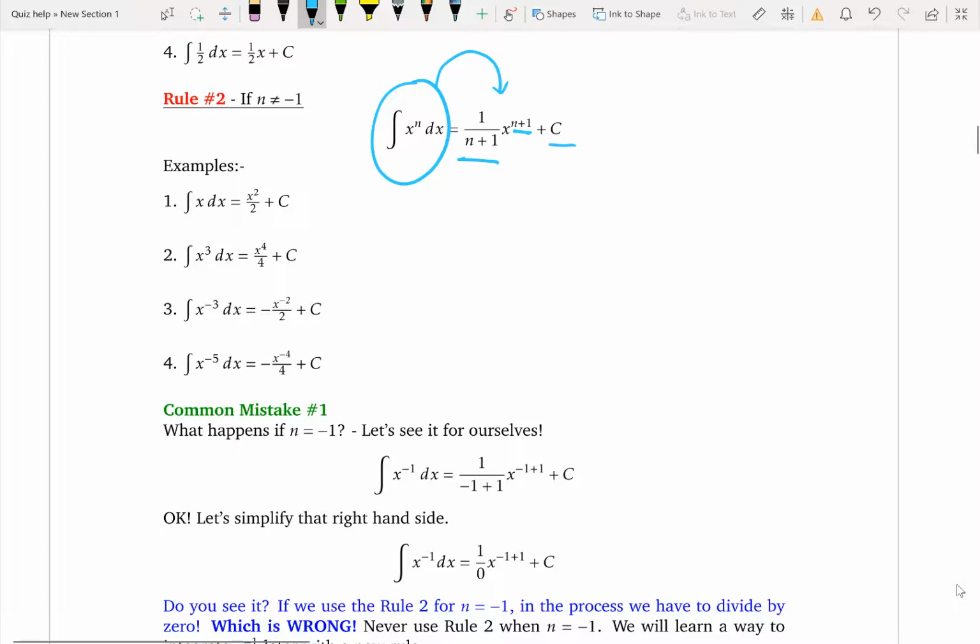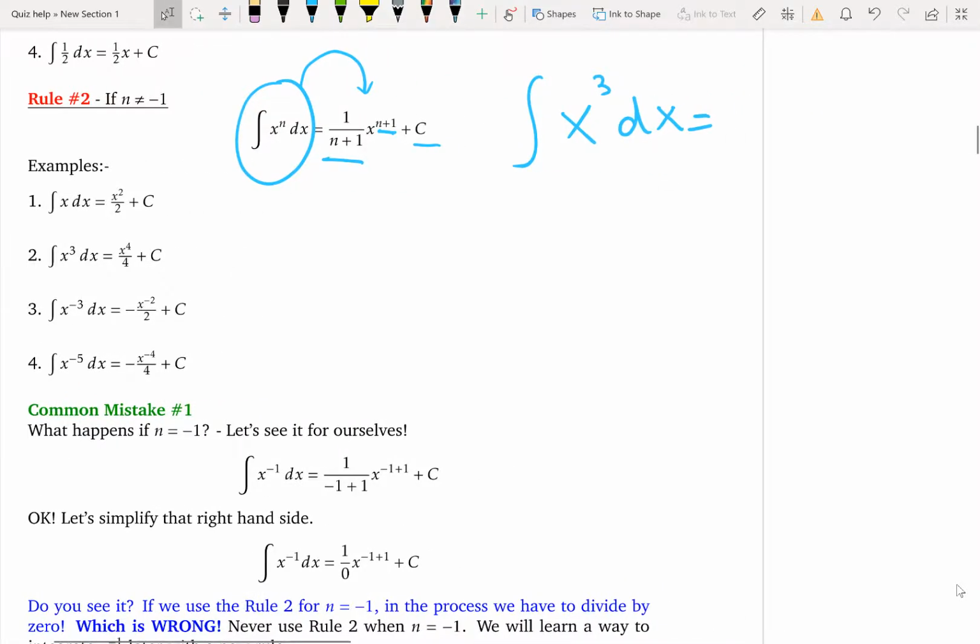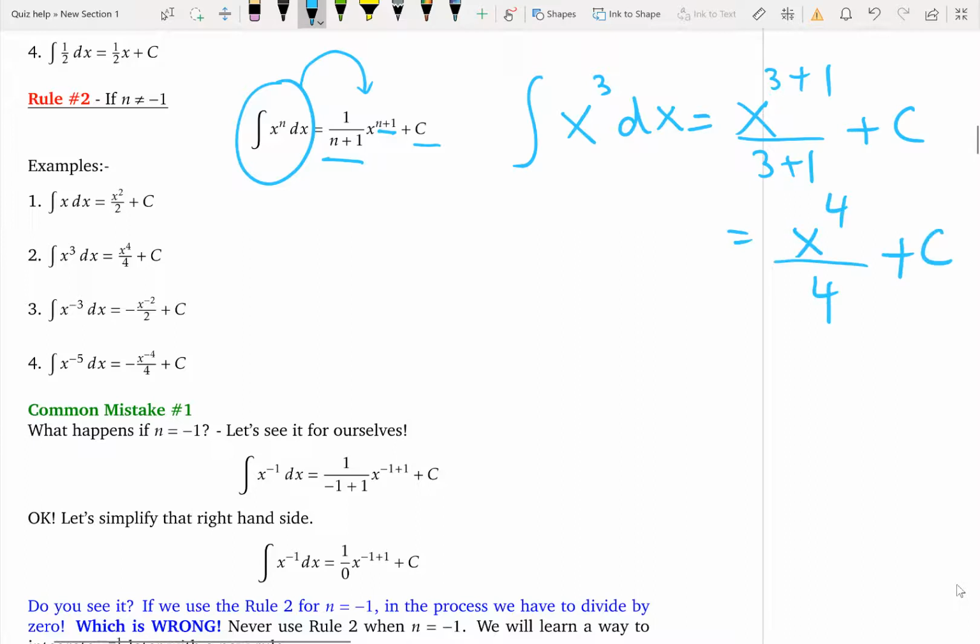Again, it's a very easy rule that I think you all know. If you want to integrate x cubed, for example, n is 3. So you get x to the 3 plus 1 over 3 plus 1 plus the arbitrary constant c. So this is x to the power 4 over 4 plus c.